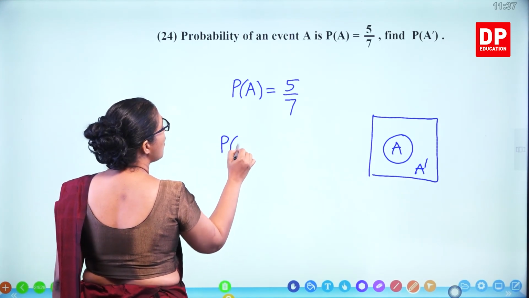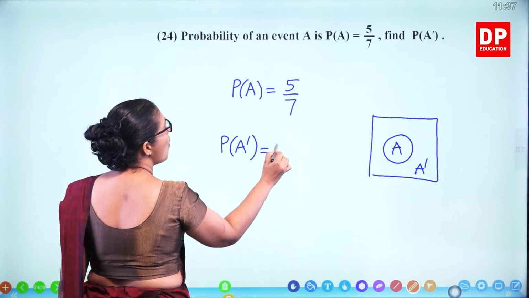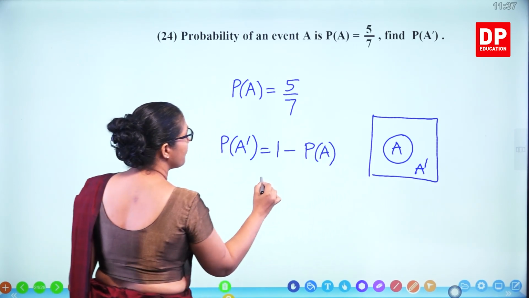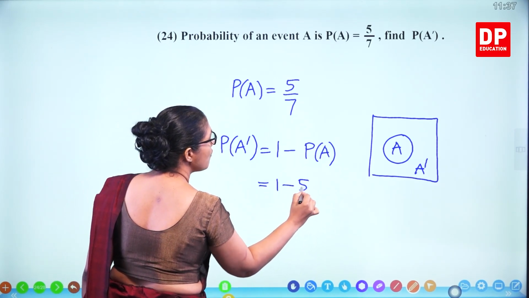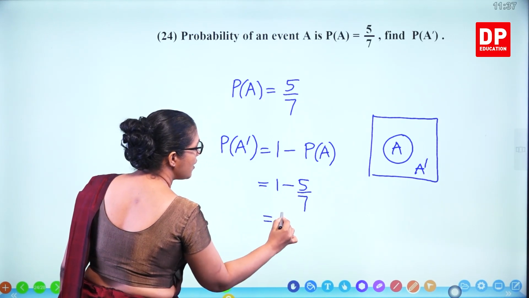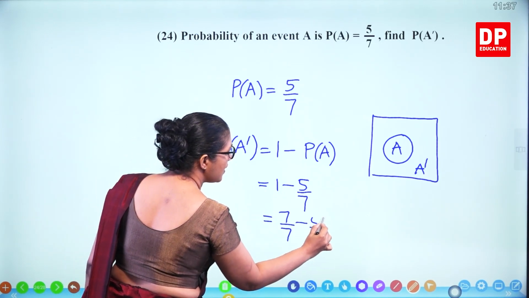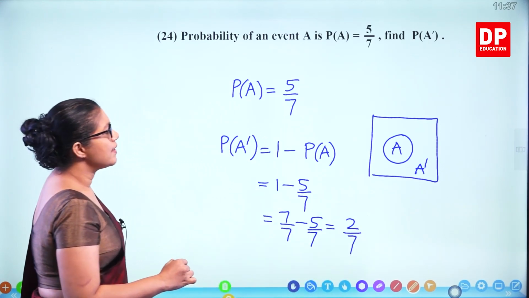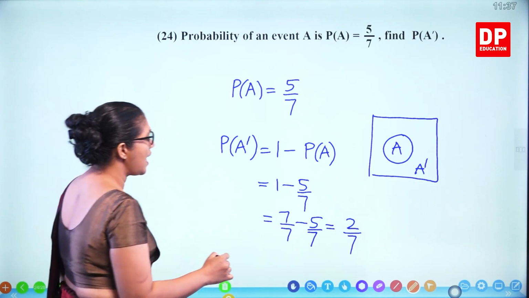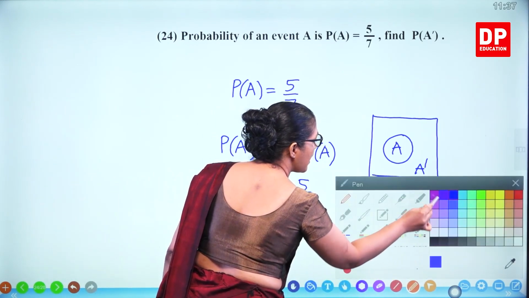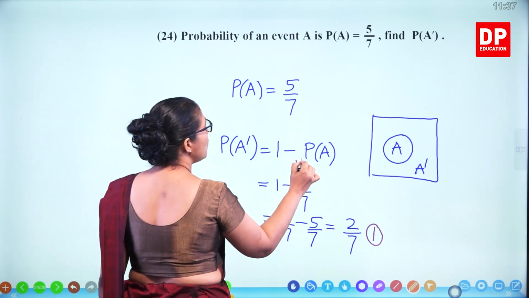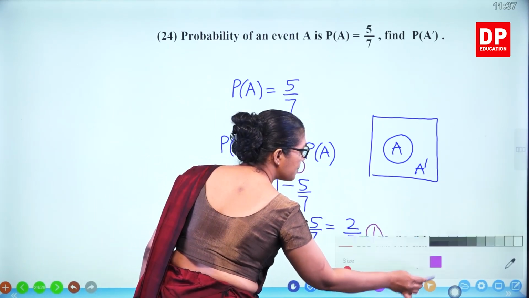So the probability of A dash means 1 minus the probability of A. So 1 minus 5/7. You can write 1 as 7/7. You get 2/7. So the probability of A dash is 2/7. Again 2 marks, 1 mark for the answer and 1 mark for the method.